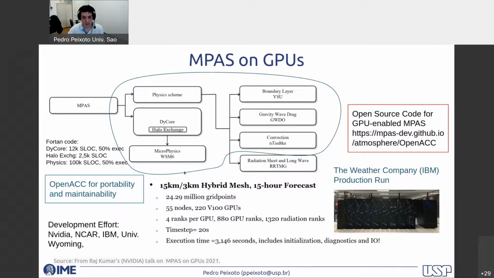They ported all this to GPU, right? And it works really well. We did some experiments on this, and we've discussed a lot of experiments with NVIDIA, and they've run simulations on a 15 to 3 kilometer grid, with very small execution times.